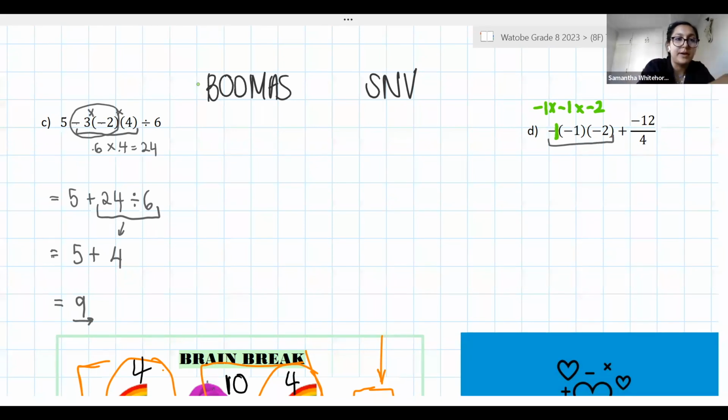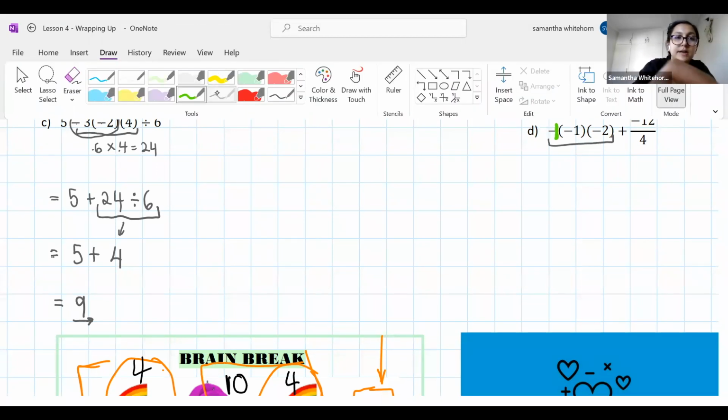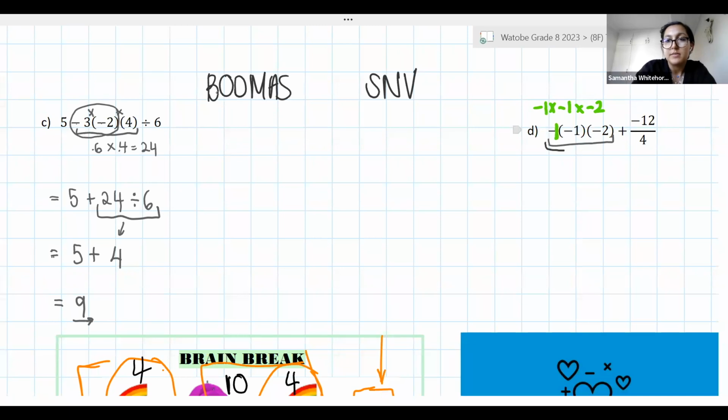If I do that step by step, again, we're not going to rush it. -1 times -1 gives me a +1. And then +1 times -2, a positive times a negative is a negative. 1 times 2 is 2. So now I've got from that whole multiplication an answer of -2.